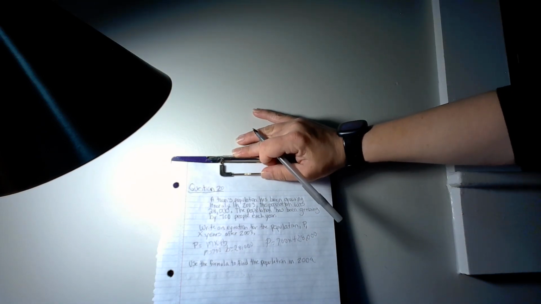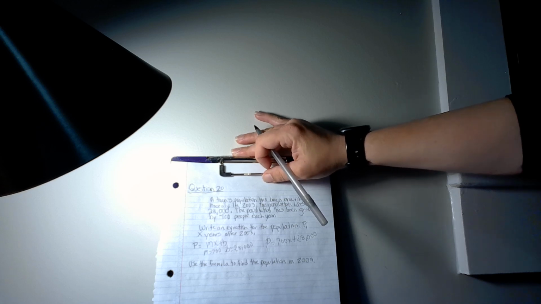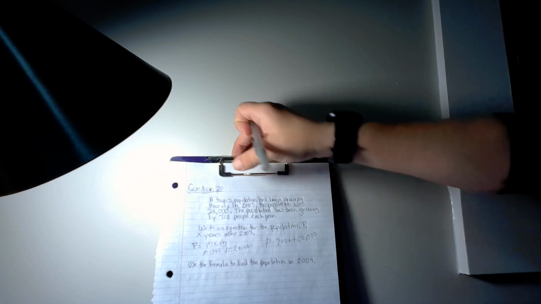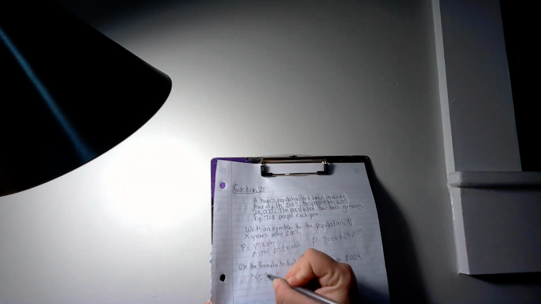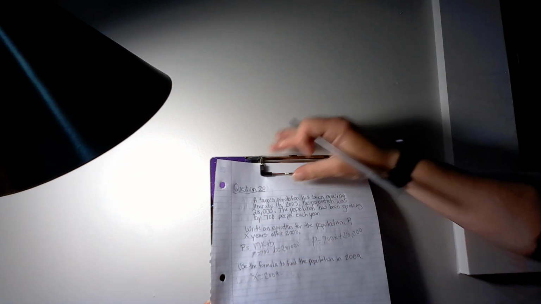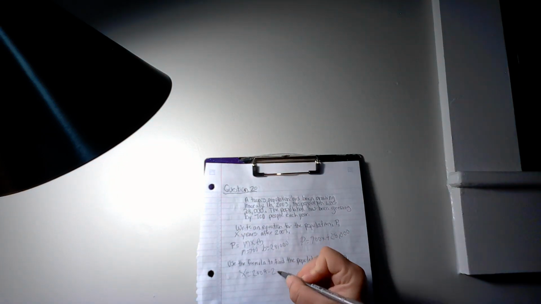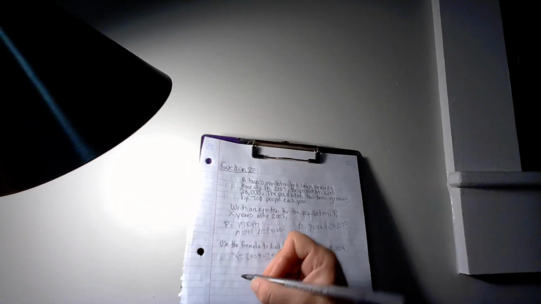Okay, the next question was, use the formula to find the population in 2009. So for that, your x now would change. So you would have to do x equals 2009 minus 2003, which gives you a value of 6. So then you would add that to the equation.